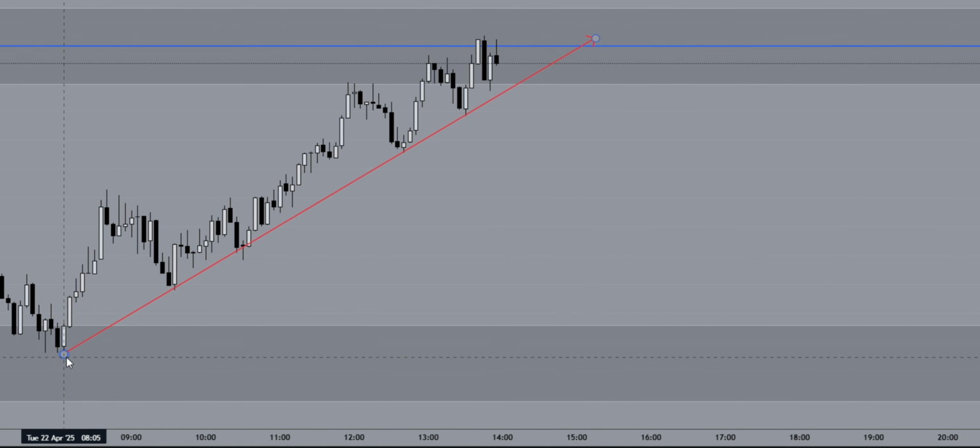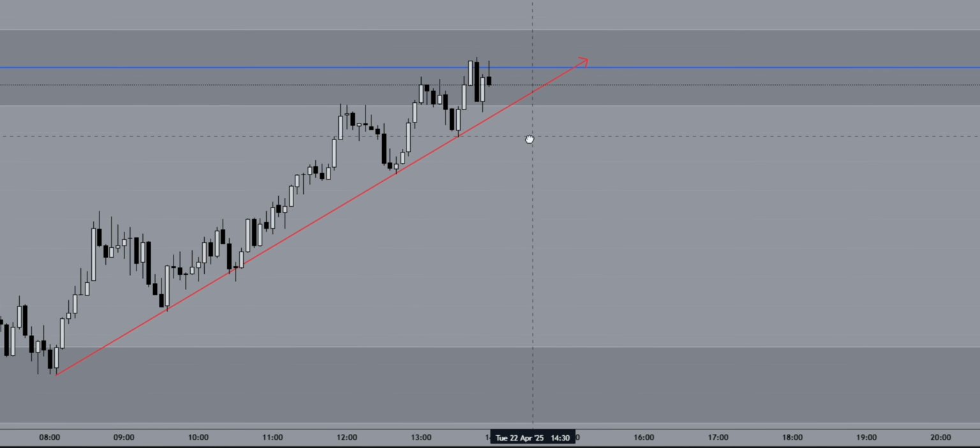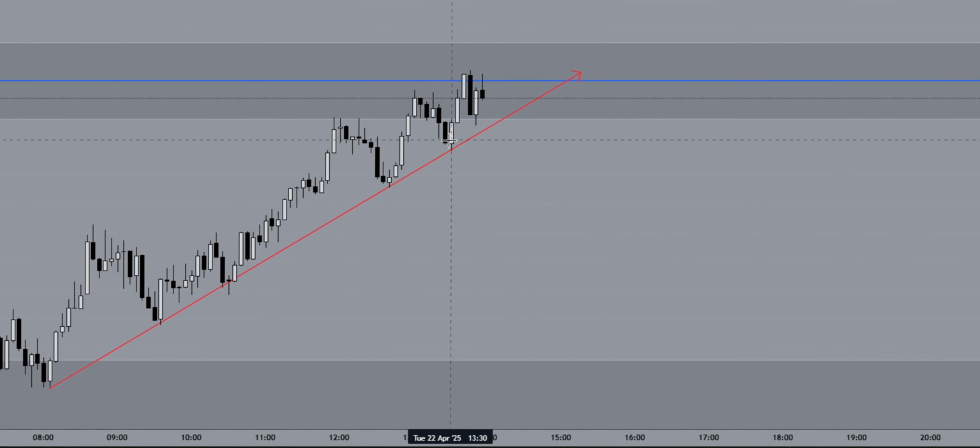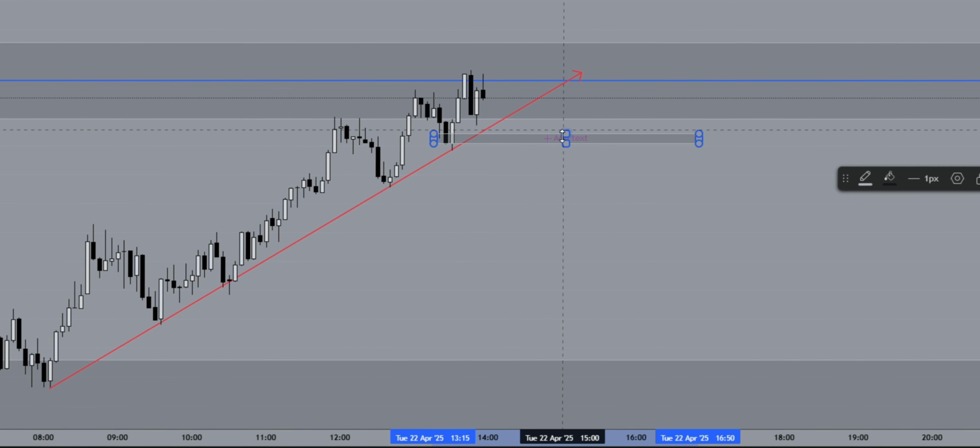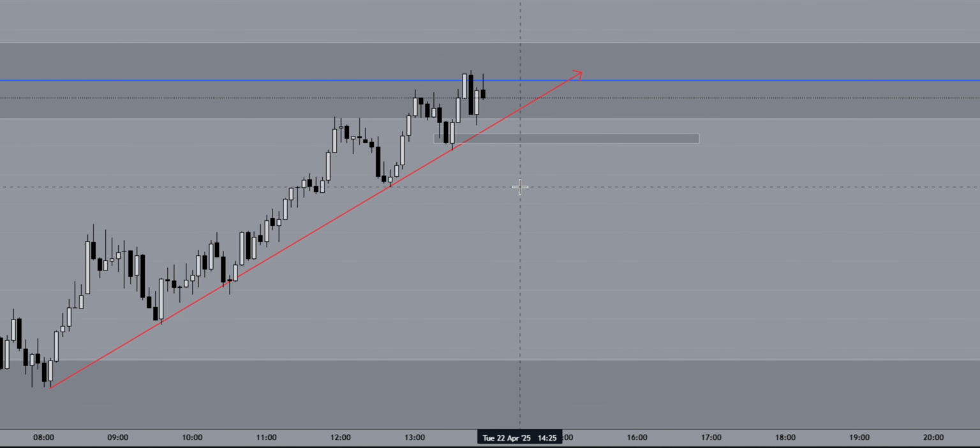We see that this has 1, 2, 3, 4, 5, and now we are expecting the price to break this recent lower high, closing below the trend line and below this area, so we create a new lower low. So we anticipate the change of direction and the change of the trend, and we expect it to turn bearish.